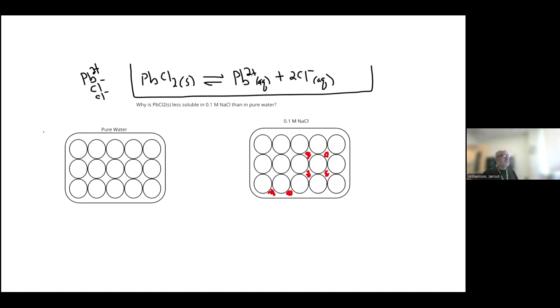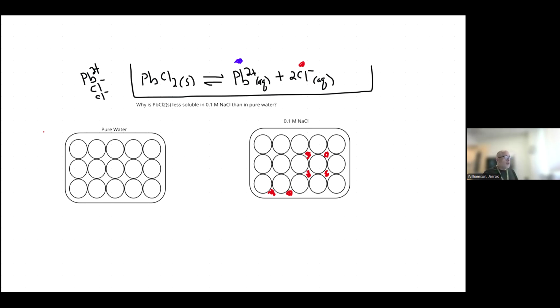I like to think of that as where the lead and the chlorides get dissolved. So I represent the chlorides as red ink marks and the lead as purple ink marks.